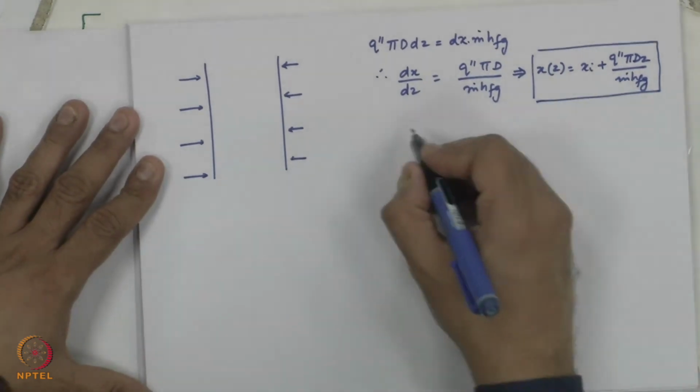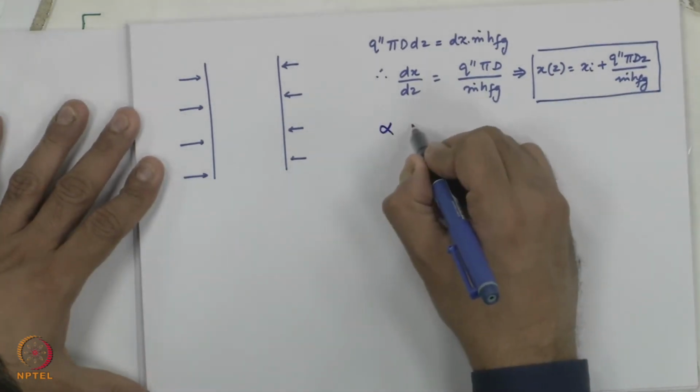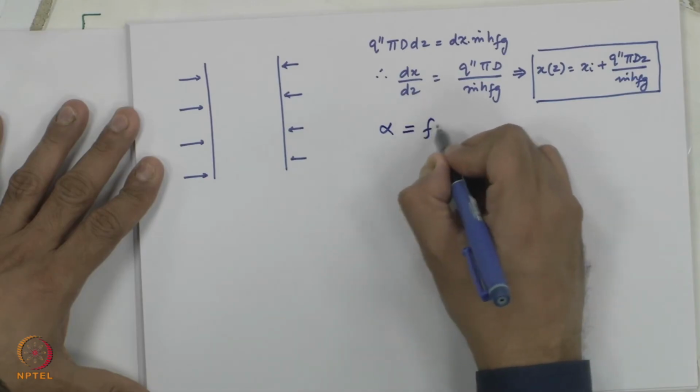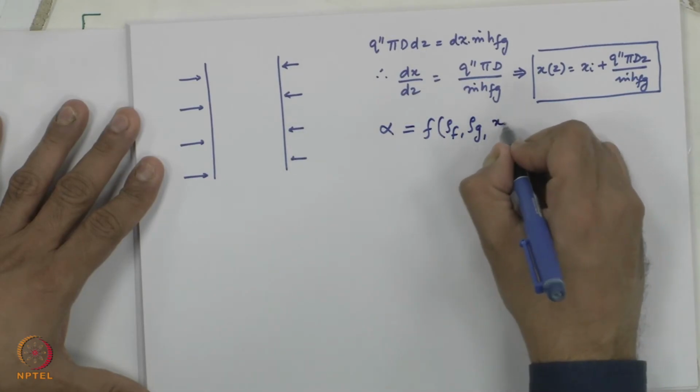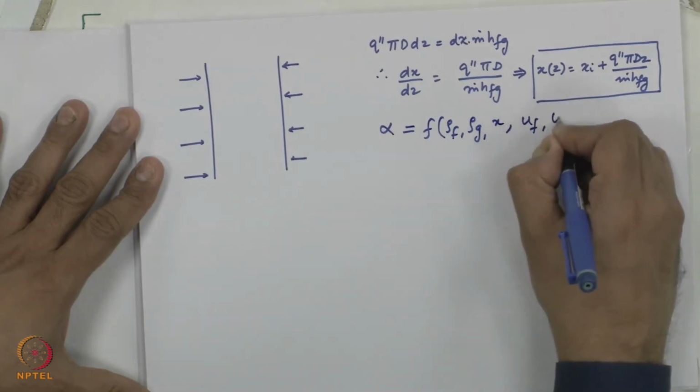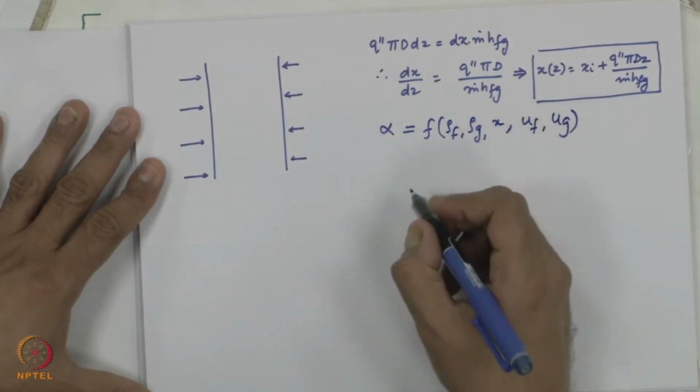And what you would see, void fraction or alpha is a function of properties rho f, rho g, thermodynamic quality, uf, ug, and we saw the relationship last time.